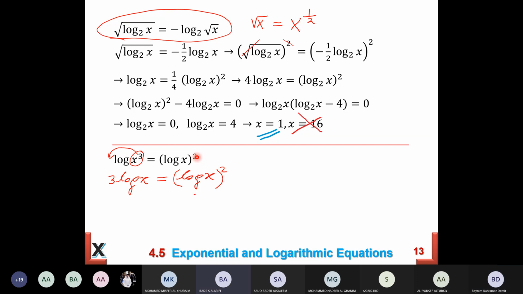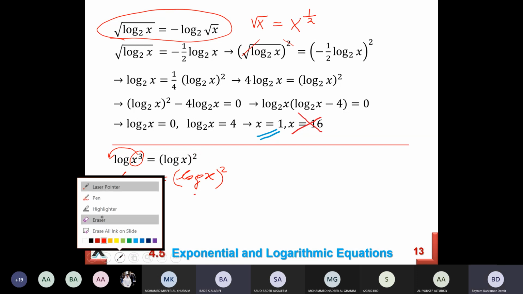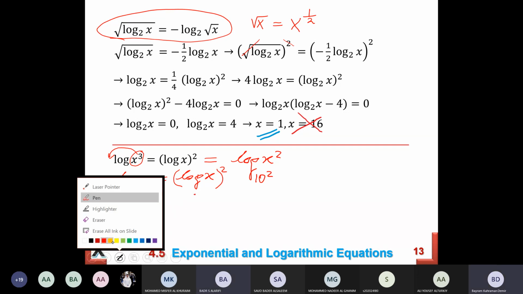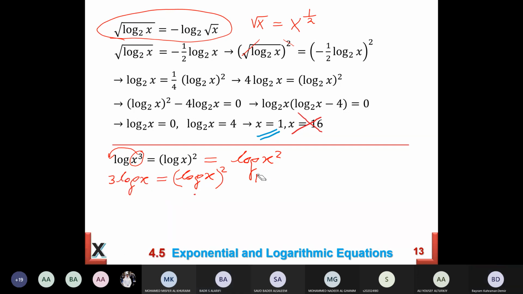For example, can we say logarithm of x squared to the base 10 to the base square root of 10?